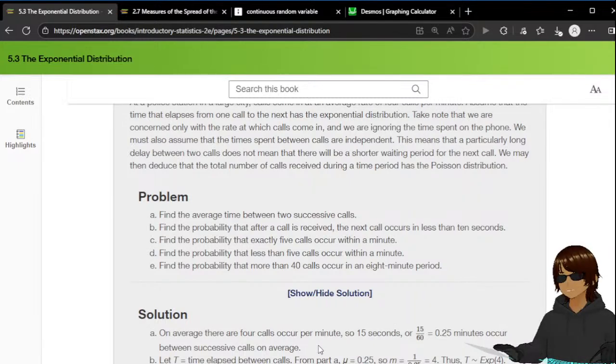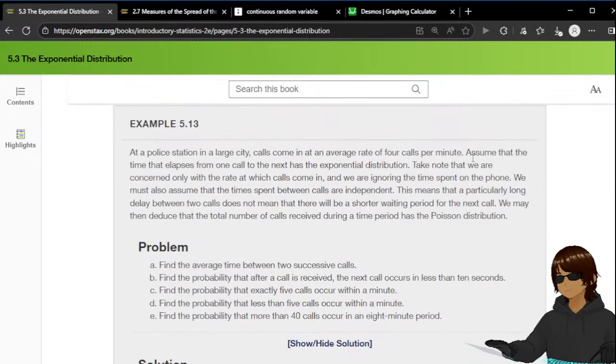Find the average time between two successive calls. Oh, okay, I got it wrong. 4 calls per minute, 15 seconds in between. So it's a quarter of a minute.